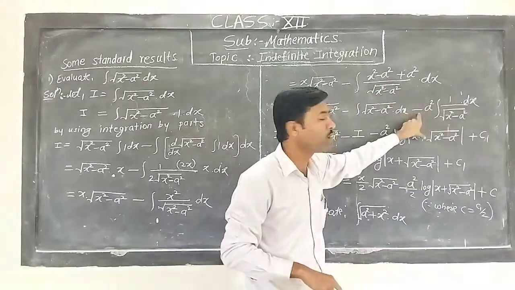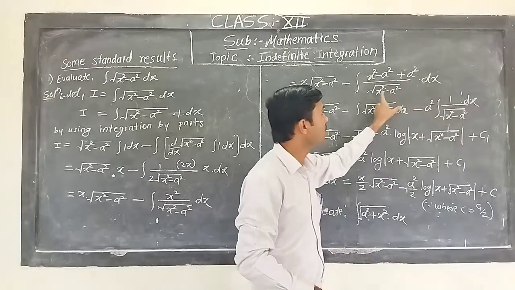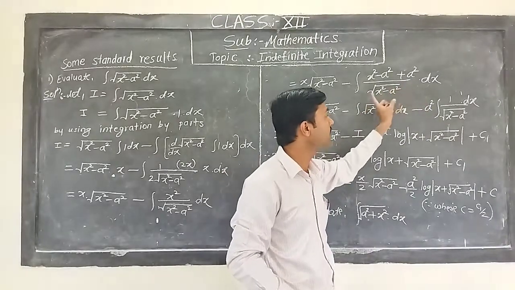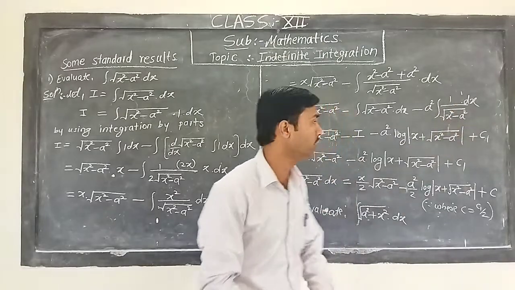Minus into plus will be minus a square into the integration of 1 upon under root of x square minus a square into dx.